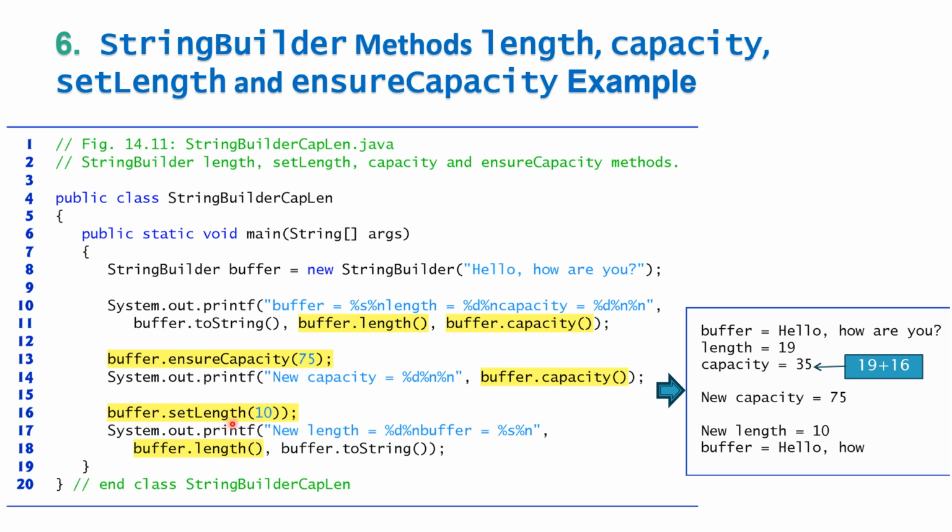This will shorten the length of buffer from 19 to 10. So that means that it cuts off the string representation of buffer from 19 to 10 by removing 9 characters from the back or the end of the string representation of buffer.